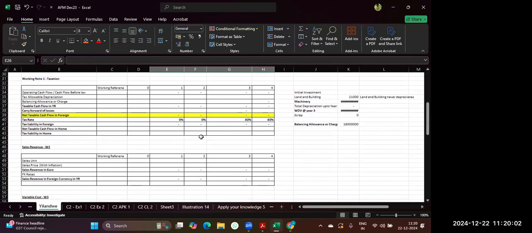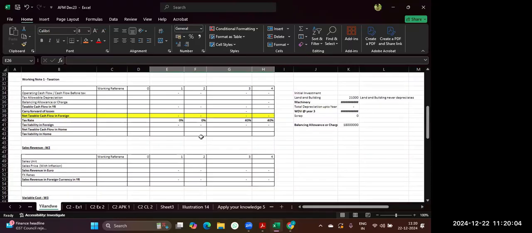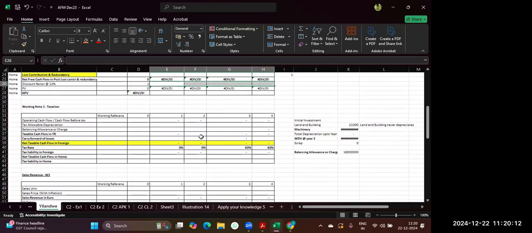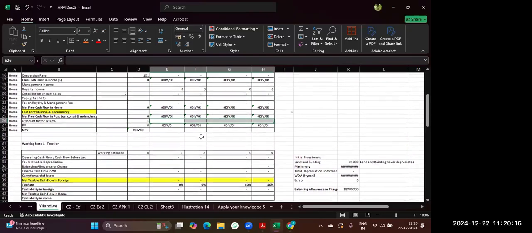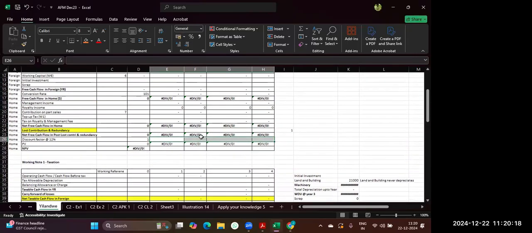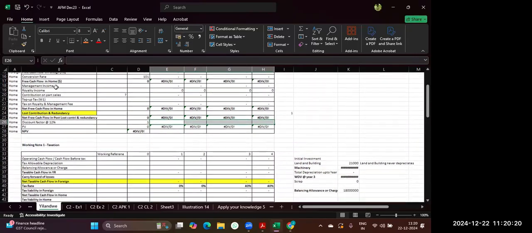Can you put up the tax and the sales revenue table as well? Can you scroll slightly upwards, just the last part till here, the royalty income flow? Yes. Okay.